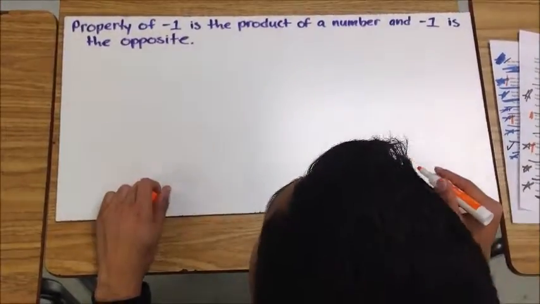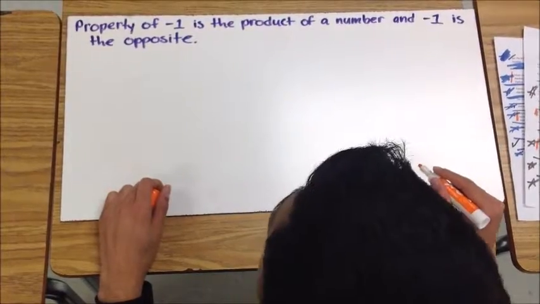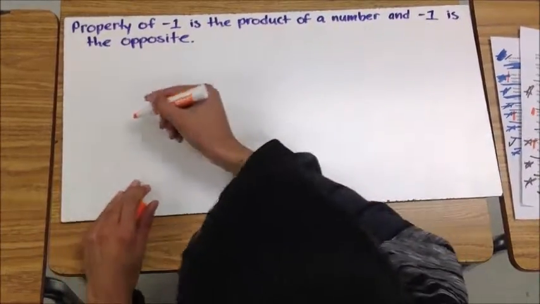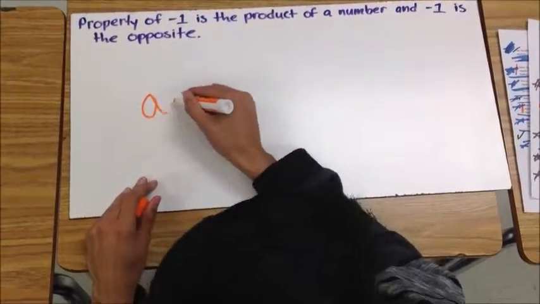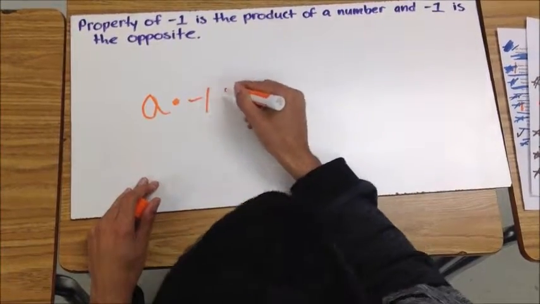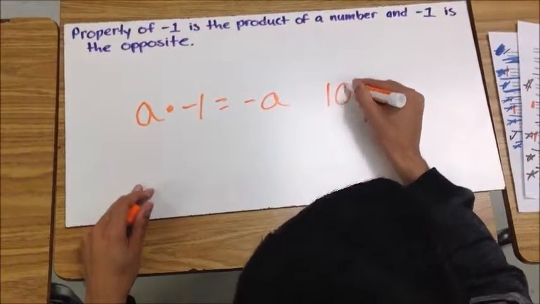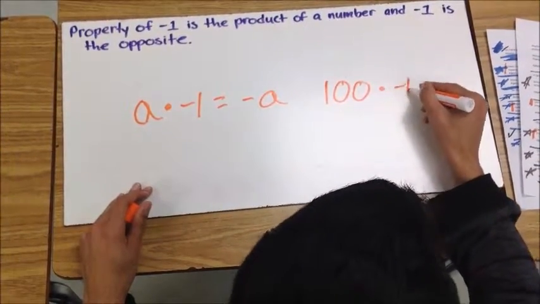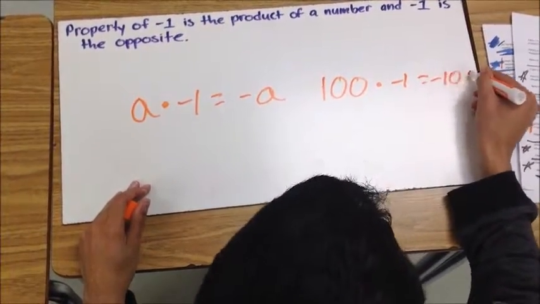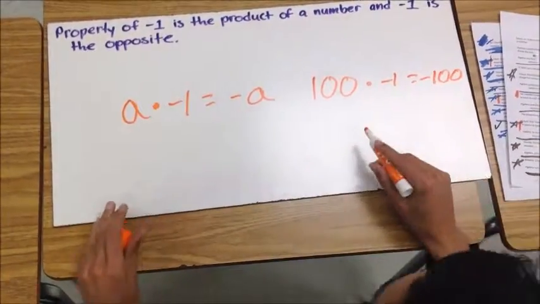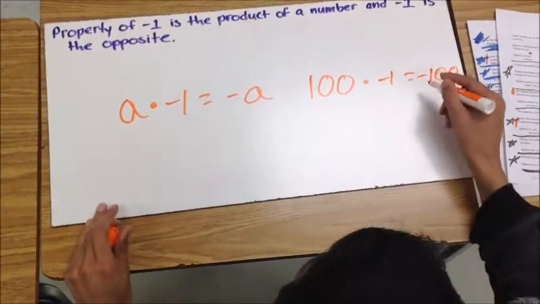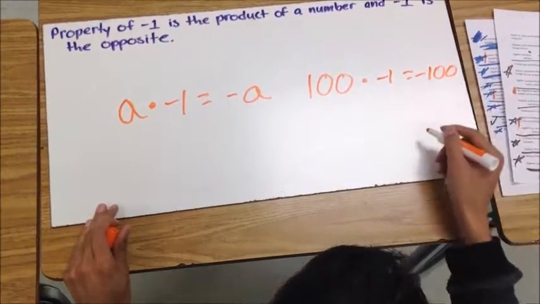The property of negative 1 is when the product of a number and negative 1 is the opposite. So when you times 100 by negative 1, it becomes negative 100, which is the opposite.